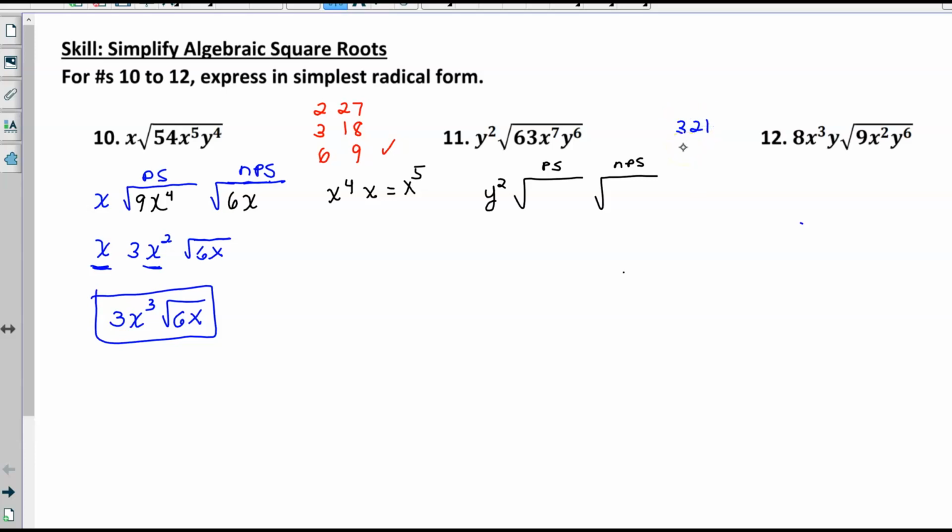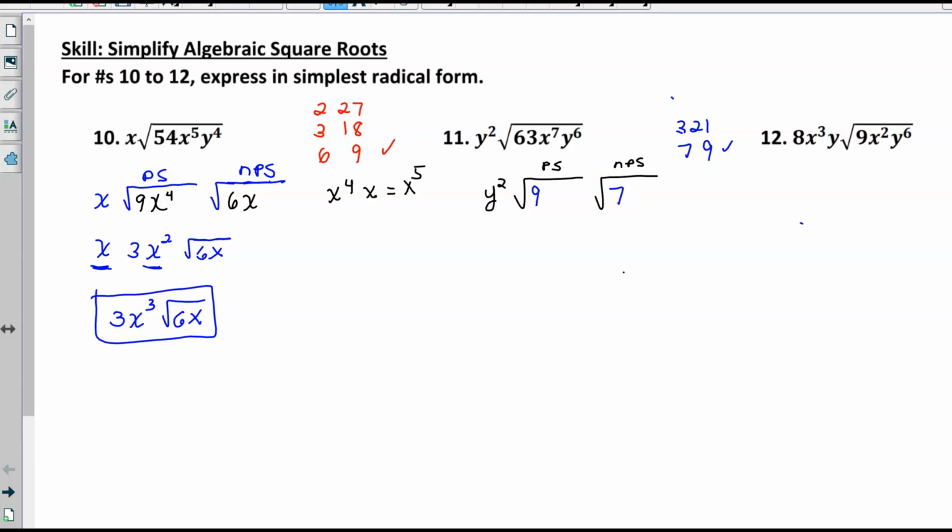We know that 2 doesn't go into it, 4 doesn't go into it, 5 doesn't go into it, 6 doesn't go into it, but 7 goes into 63 9 times. And 7 times 9 is the highest factor. So we're going to put the 9 in the perfect square piece and the 7 in the non-perfect square piece.